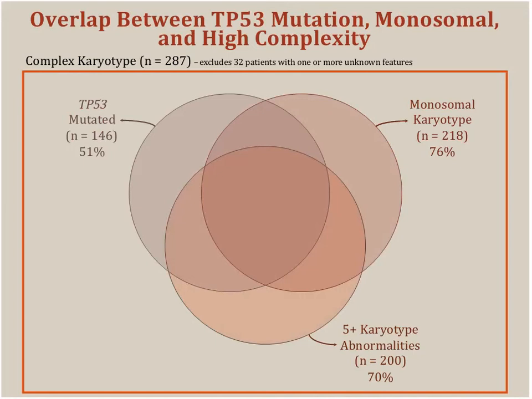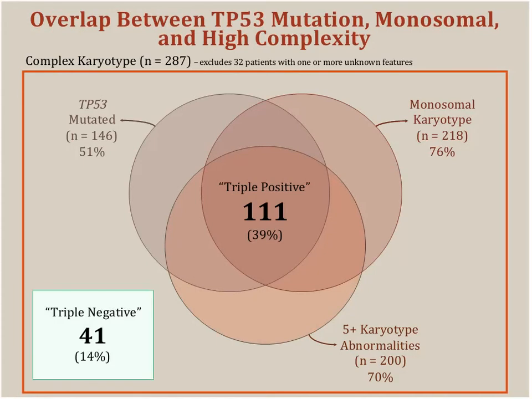You can see the overlap in this Venn diagram, and almost 40% of these patients were so-called triple positive, meaning they had a p53 mutation, a monosomal karyotype, and 5 or more abnormalities. And 14% of the patients had a complex karyotype but had none of these, neither p53, monosomal, nor 5 or more.